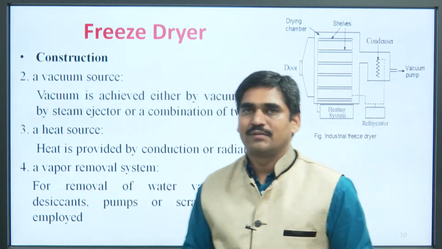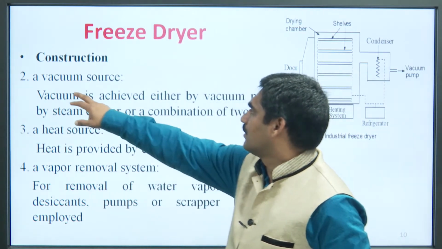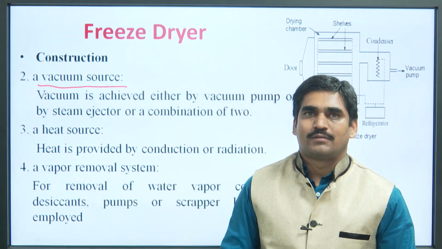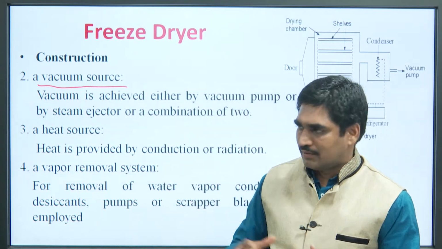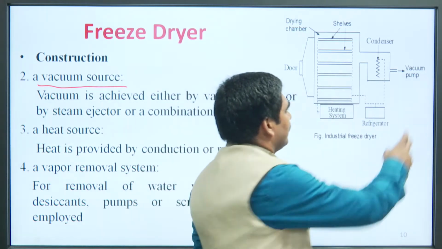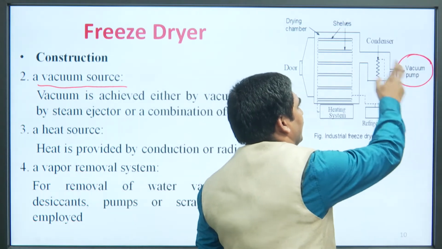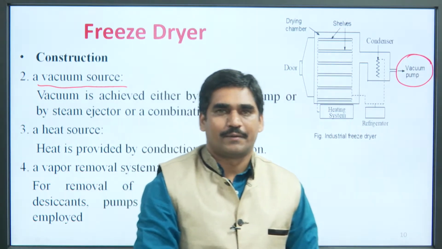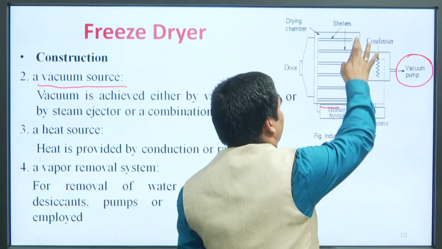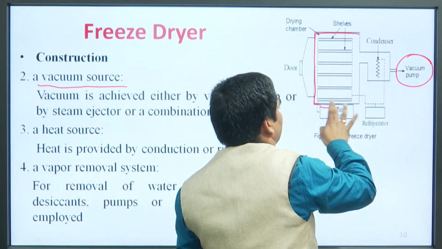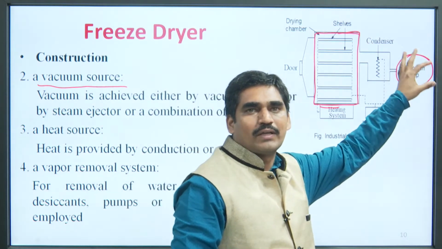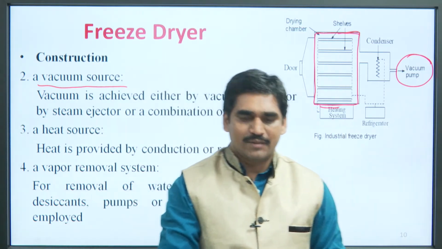The second part of this freeze dryer is a source of vacuum. As you see in the diagram, a vacuum pump is attached to this dryer. This is the drying chamber, and here the vacuum source is connected to this drying chamber.